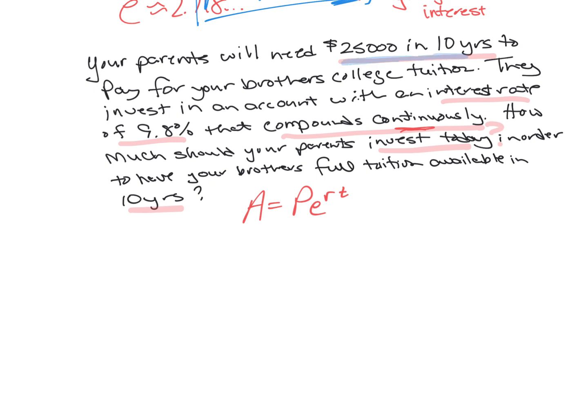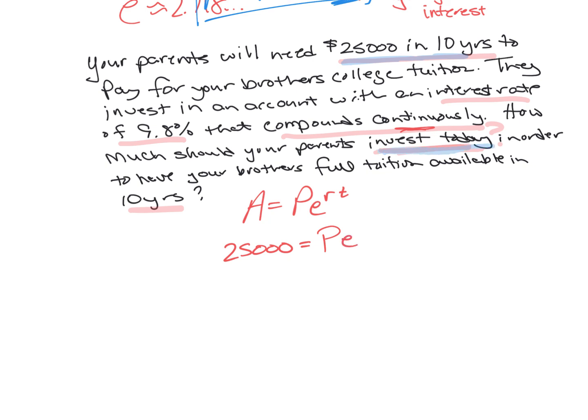So that is actually my amount, right? And then P, they say, how much will they invest today? Well, that's P. So that's going to be my variable that I'm going to solve for. When you are reading story type problems, you have to ask yourself, what is the question? The question here is what I'm going to be solving for. Okay, so that is P, that's what I'm going to solve for.